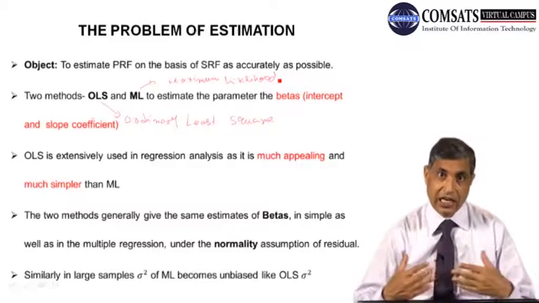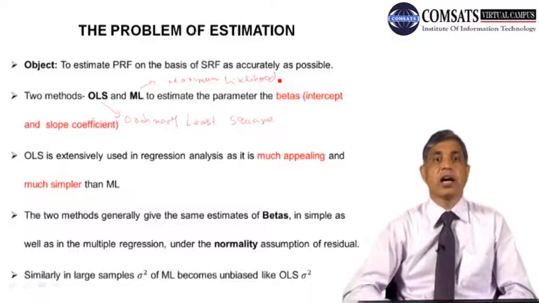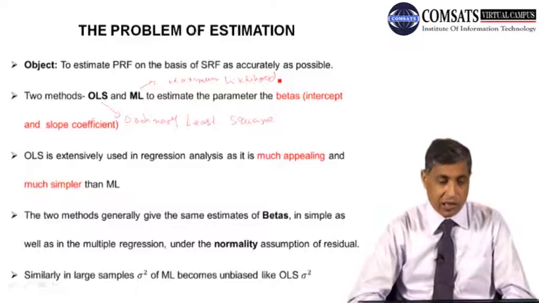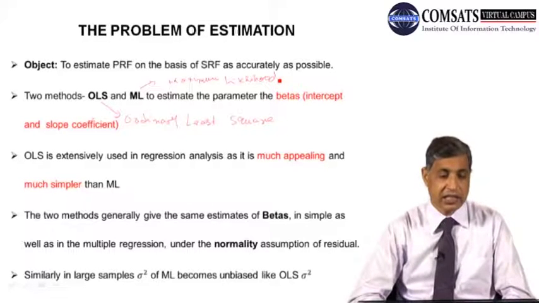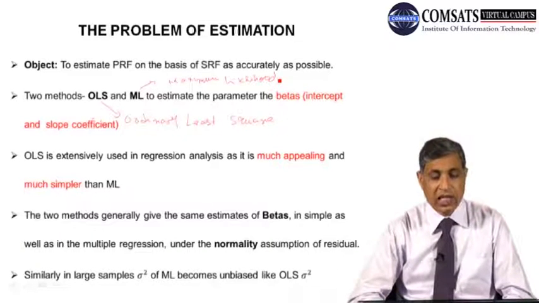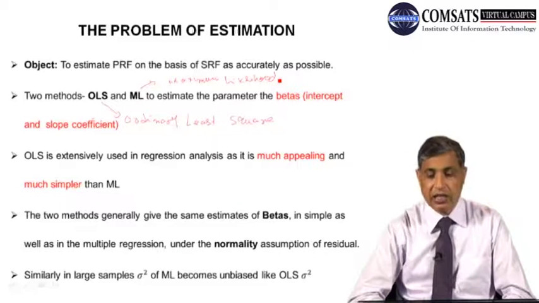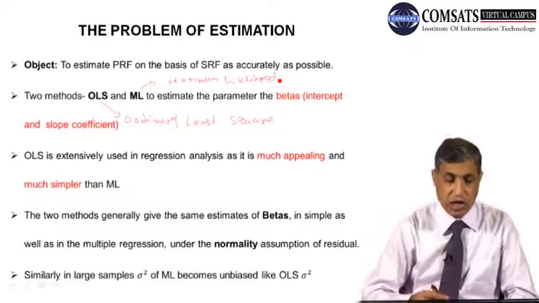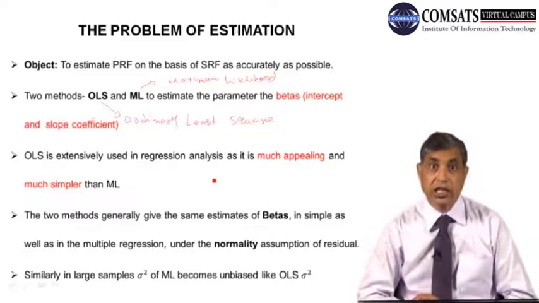But there are some commonalities between OLS and maximum likelihood. The first commonality is that the two methods generally give the same estimate of beta in simple as well as in multiple regression under the normality assumption of the residual.